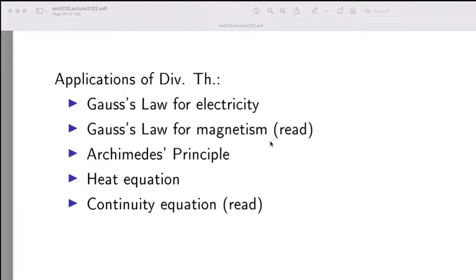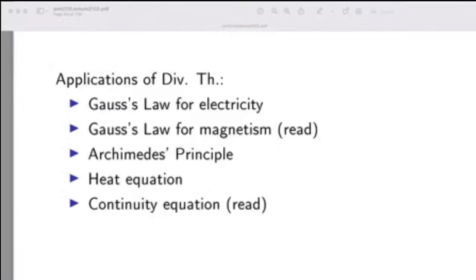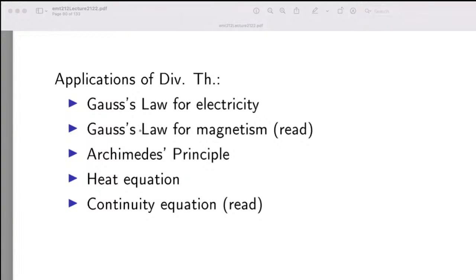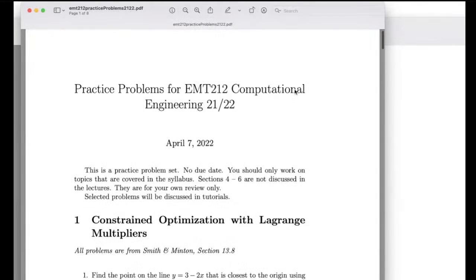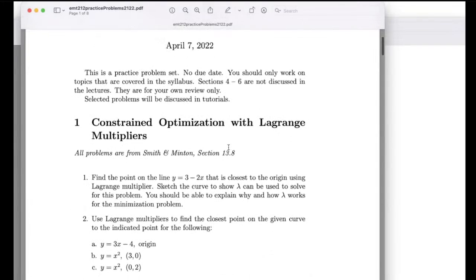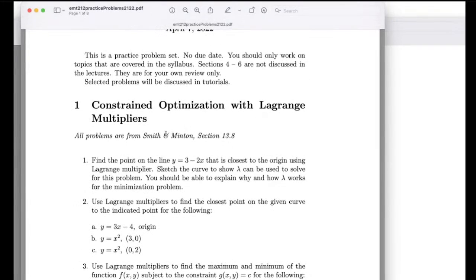Give me a second here. While doing this, I can quit this and you can see my problem set, right?